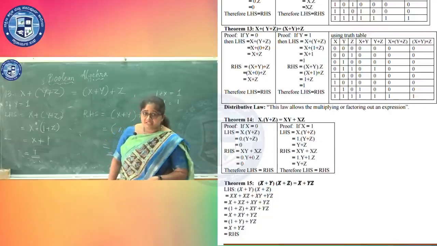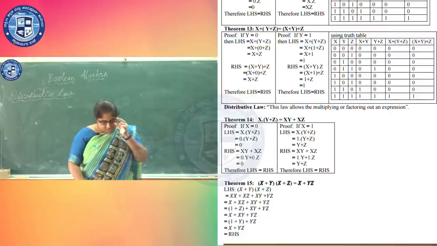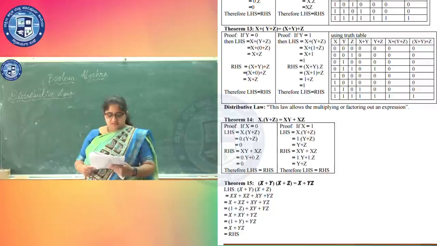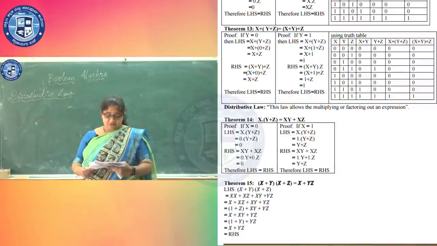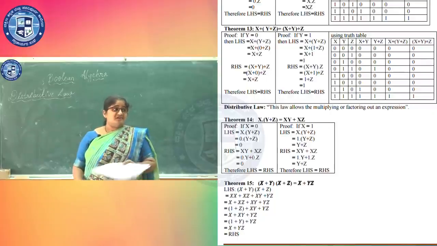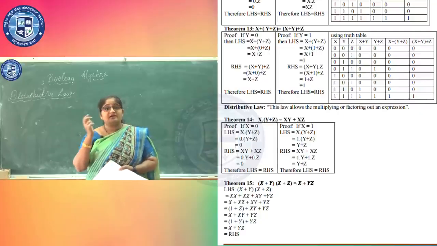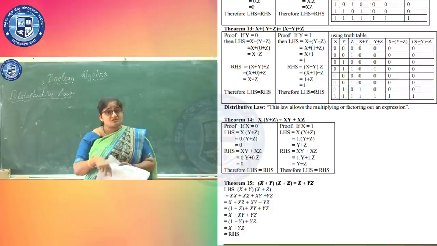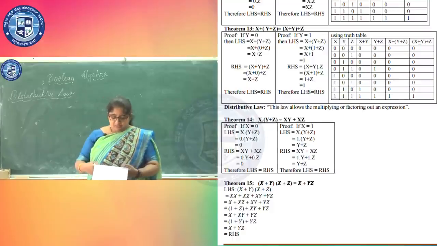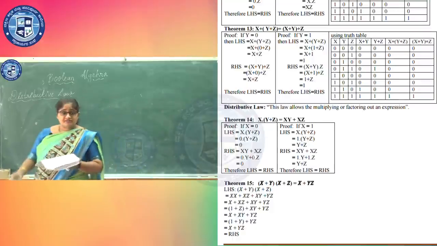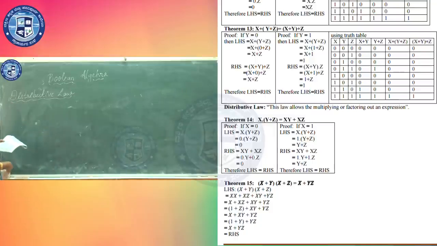Next we have distributive law. Distributive law allows the multiplying or factoring out of an expression. What does distributive law say? We can take the common factor outside and then have the multiplication or the evaluation of the expression done. So that is the 14th theorem.